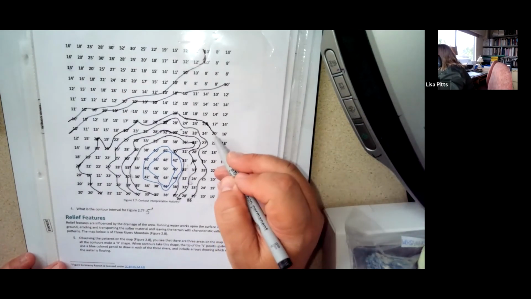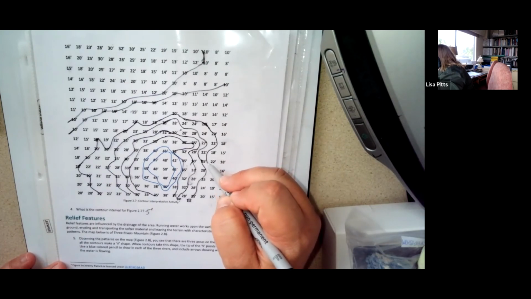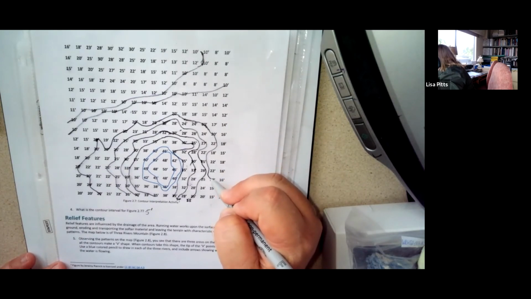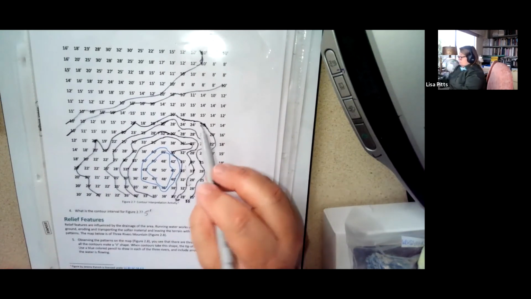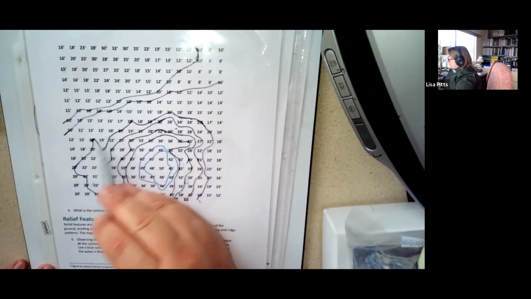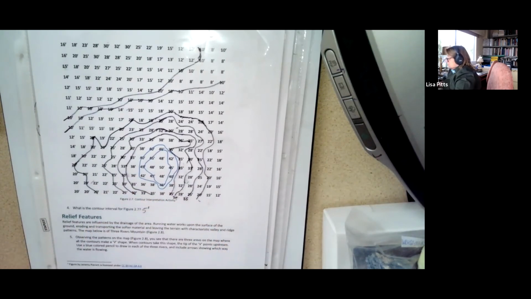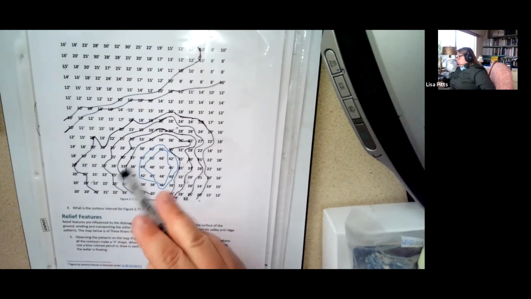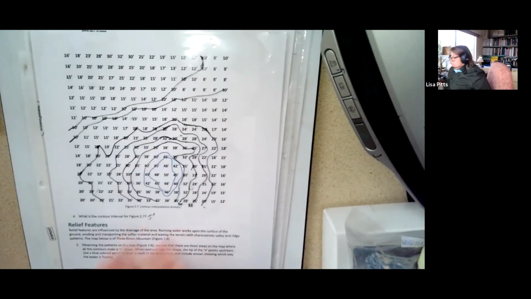A lot of this is subject to a little bit of interpretation. A lot of times contour lines tend to follow each other, kind of like we have over here. This is kind of weird. I don't know what the heck's going on over here. The interesting thing about contour lines is this is how they mapped all of the United States from aerial photos.